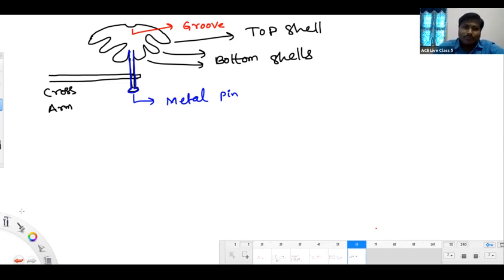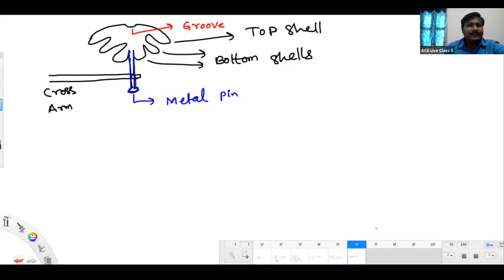If you keep this many shells, the dust or raindrops will be deposited only on the upper shell, the top shell. The bottom shells are almost free from dust and raindrop deposition, so they offer good resistance to the leakage current.